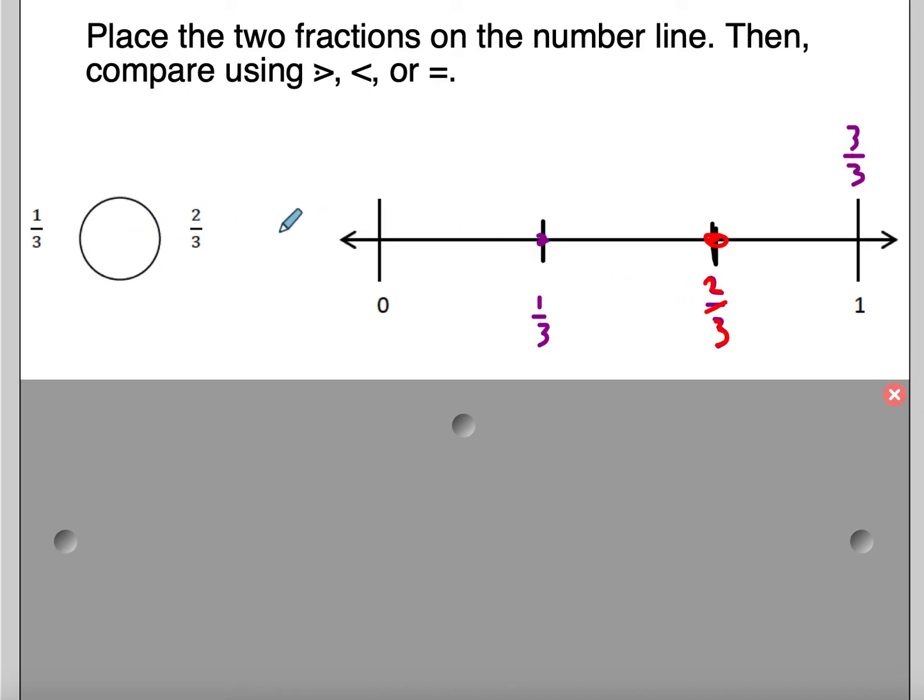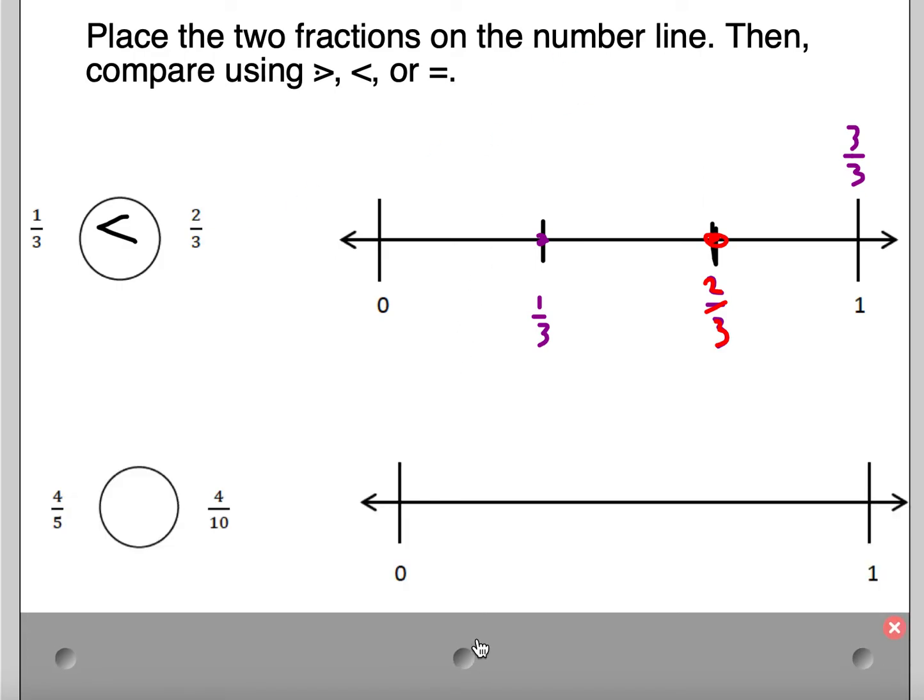I just said 2/3 is greater, so if 2/3 is greater than 1/3, that means the opposite for 1/3. 1/3 is less than 2/3, right? I'm going to use the less than symbol because this statement reads from the left to the right, like when we read in a book or when we read this sentence. 1/3 is less than 2/3.